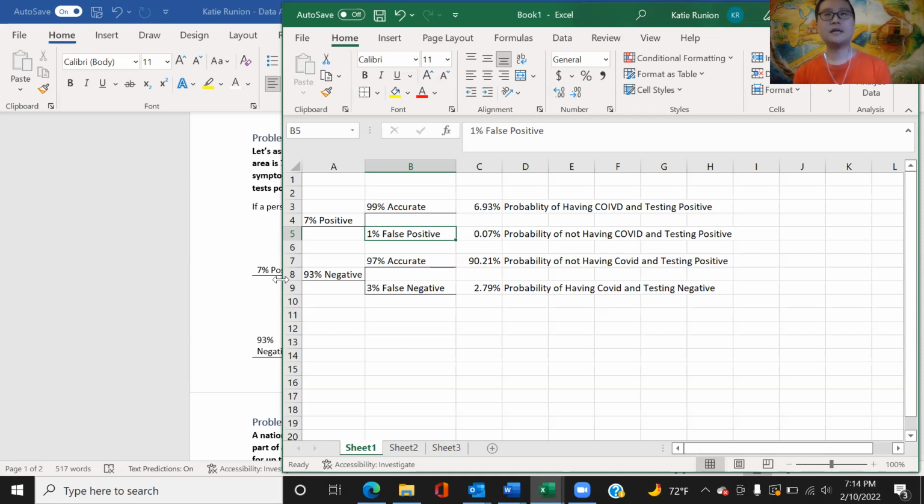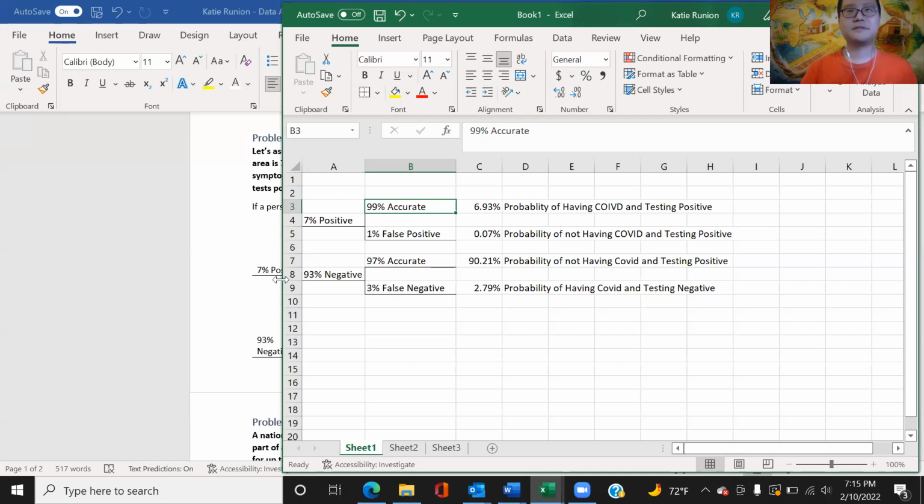This percentage accurate should be 1 minus the false negative rate.